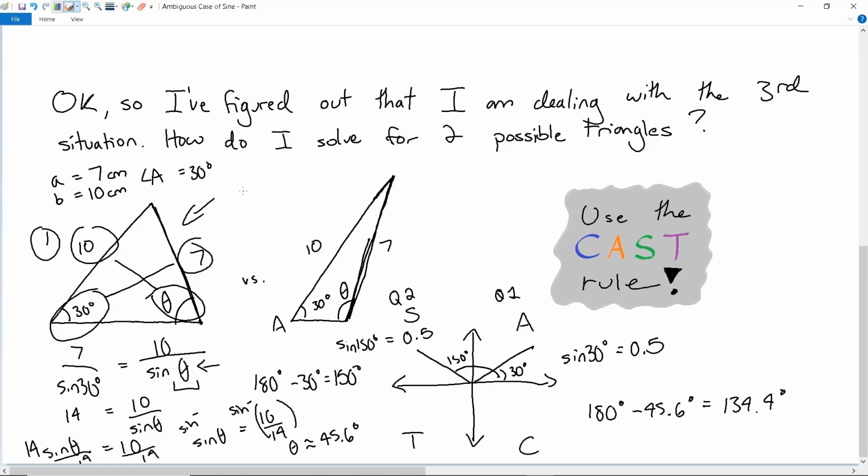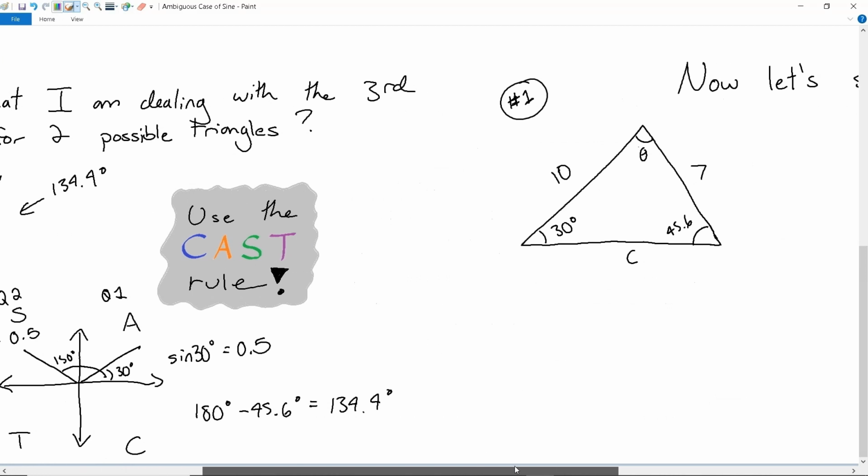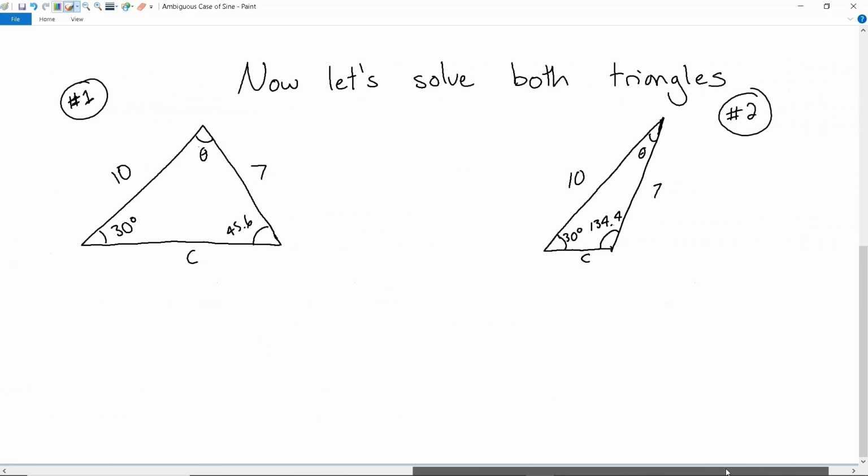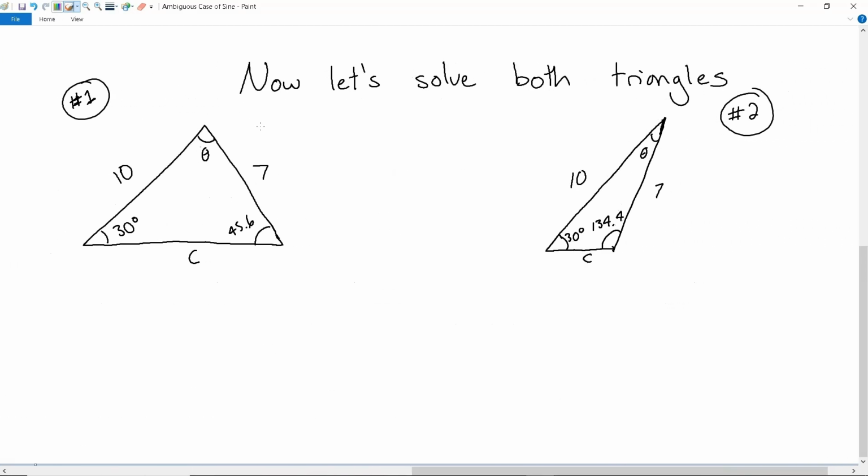So in this first example, I'm going to have an angle of 45.6 degrees. In this triangle, it will be 134.4. And that is what I have drawn right here, where I have the first angle here and the second angle here.